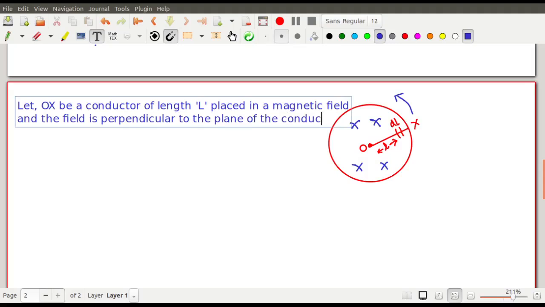That means I want to use that expression of BVL. To use BVL, the magnetic field definitely has to be perpendicular to the plane of the conductor.